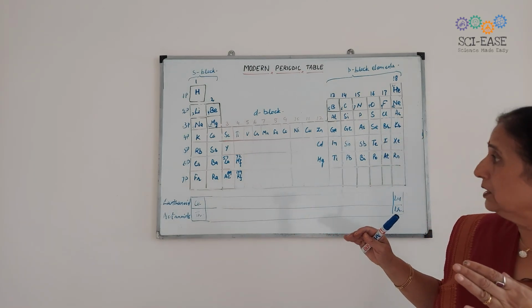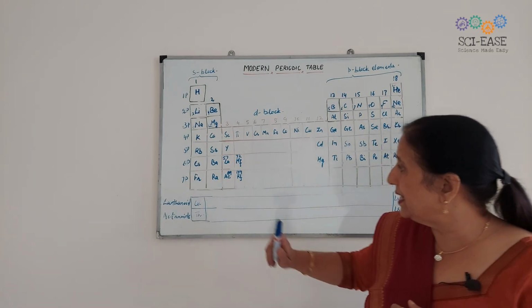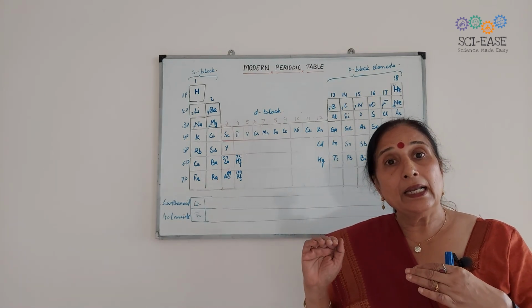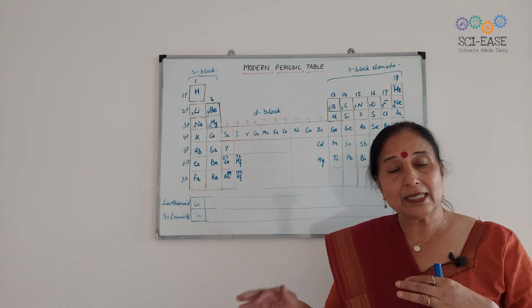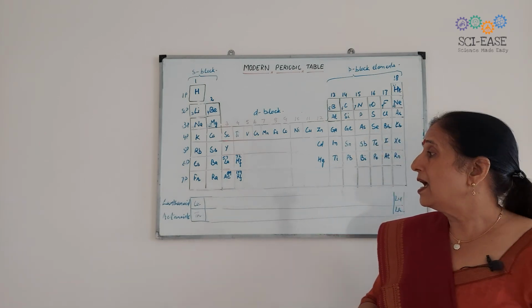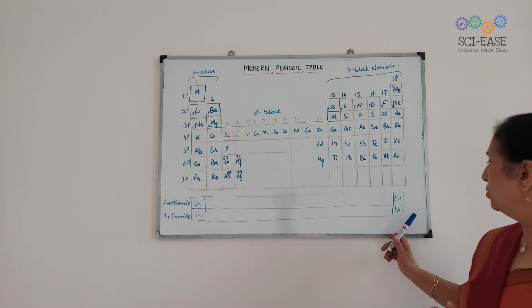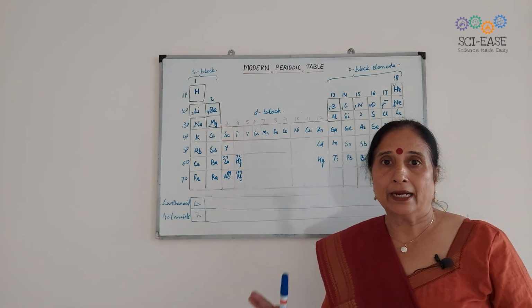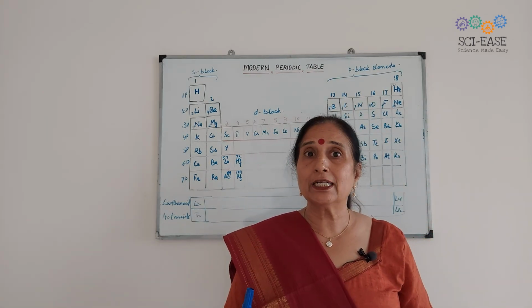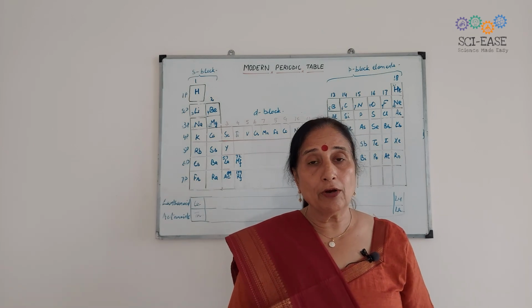lanthanum, from cerium to lutetium. These are the lanthanoid series elements, or you can say they are the lanthanoids, and from thorium to lawrencium they are the actinoids. I think the layout of the modern periodic table is clear to all of you.